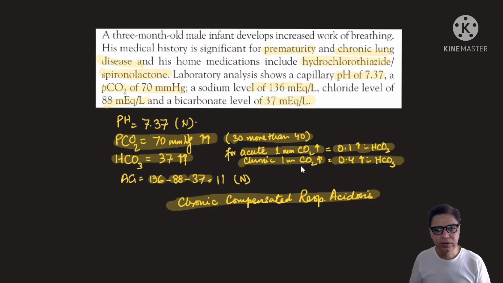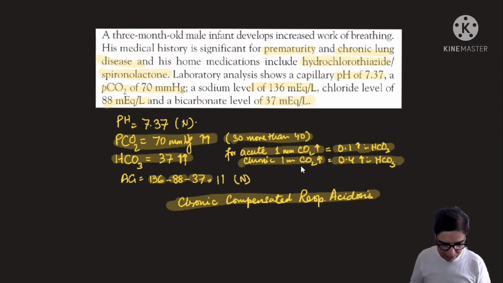So here, if it was an acute process, then for every 10 it would be 1. So for 30 it would be 3 milliequivalents, so it would have been around 30 milliequivalents if that was an acute process. But this is quite high. So this is a chronic compensatory respiratory acidosis, because the rise in bicarbonate level is more than what happens in an acute process.